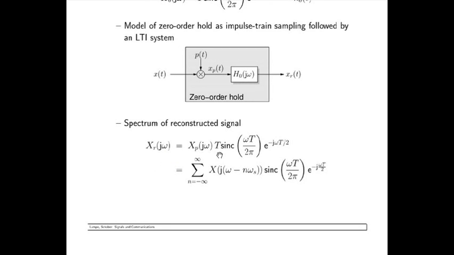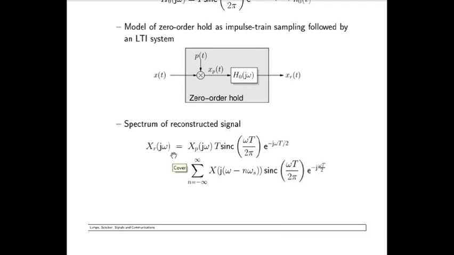So in the frequency domain, the spectrum of the reconstructed signal will be like this. With the help of the multiplication property or the convolution property, you can see that the frequency domain reconstructed signal will be the multiplication of the frequency response of the ideal low pass filter and the Fourier representation of the sampled signal in the frequency domain, which when you solve will look like this.